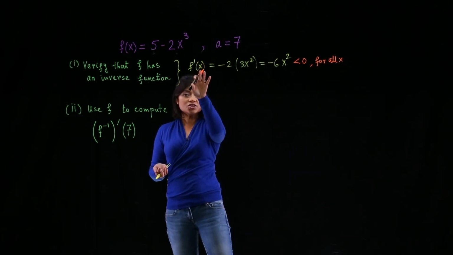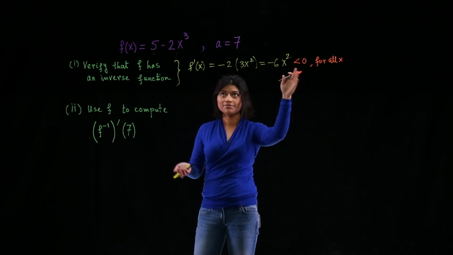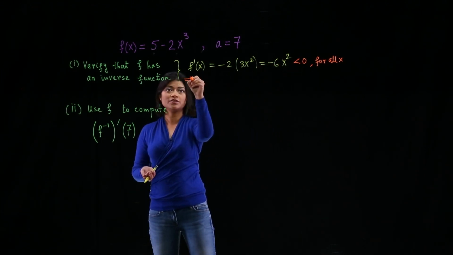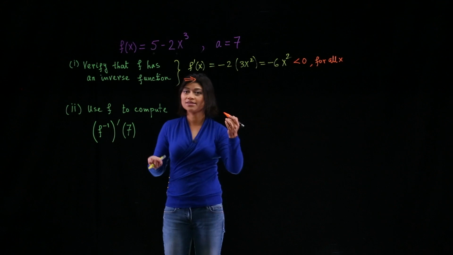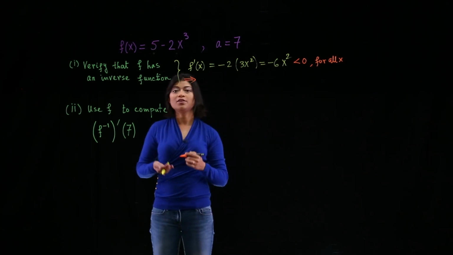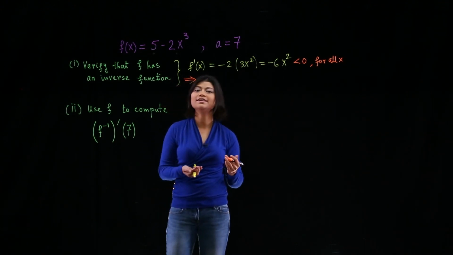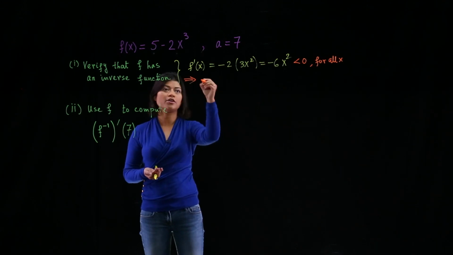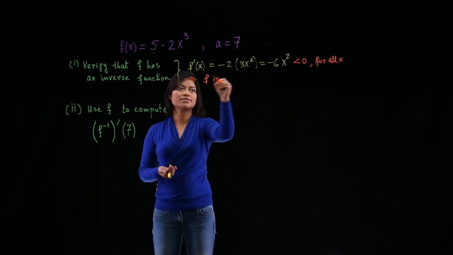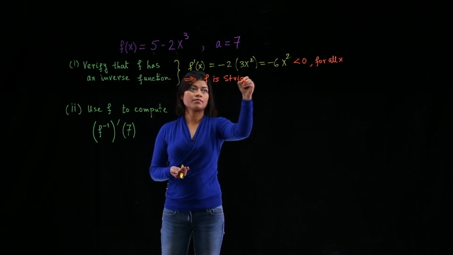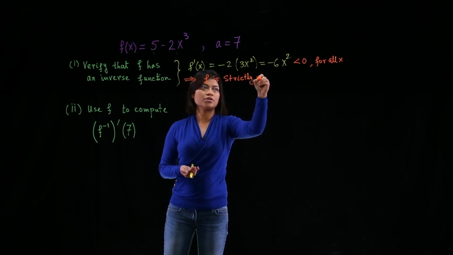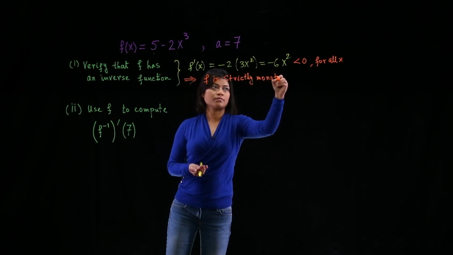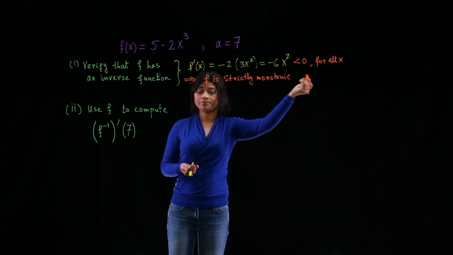Well, if the first derivative is negative, that means the function f is always decreasing, right? Which means that the function is monotonic, strictly monotonic. So f is strictly monotonic in its domain.